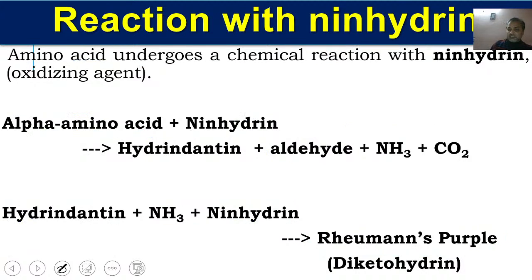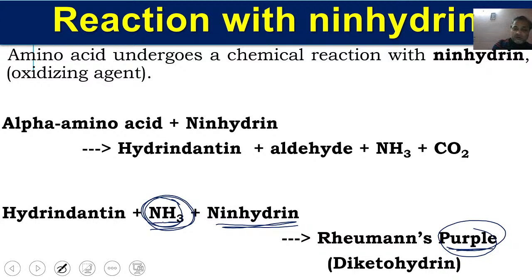In this case, the color formation depends on how much ammonia is there. As much ammonia as there is, that much color will form. If more ammonia is there, a more intense color will form; less ammonia, less color. This ammonia comes from the first reaction, and the ammonia formation depends on how much amino acid you have.